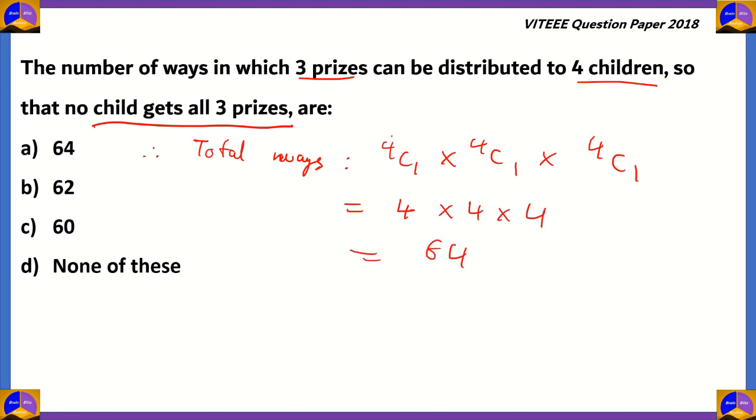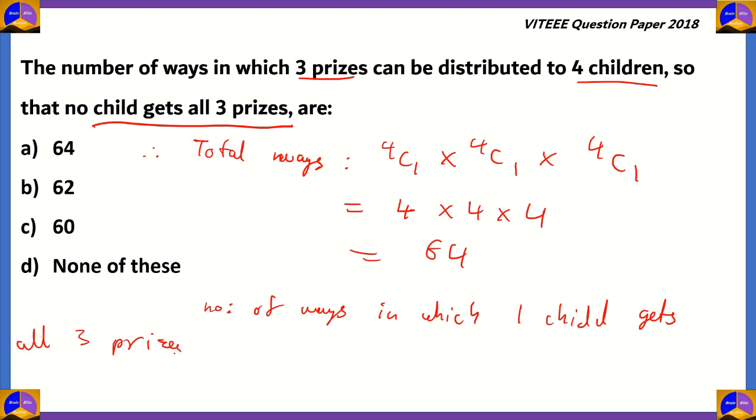Now notice the number of ways in which one child gets all the 3 prizes. Now that is also 4C1.